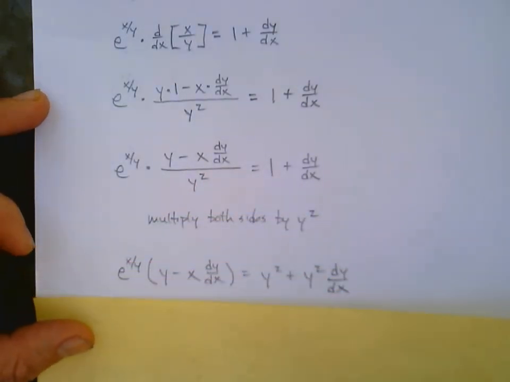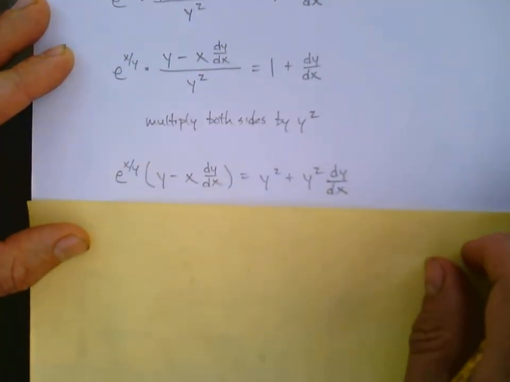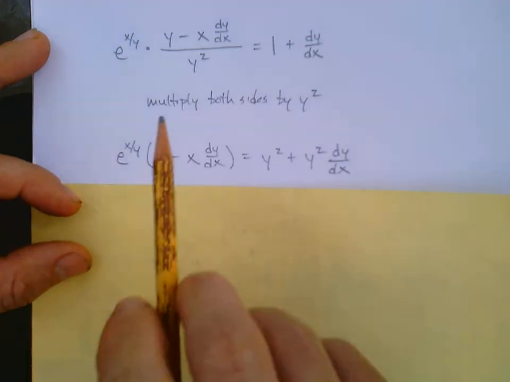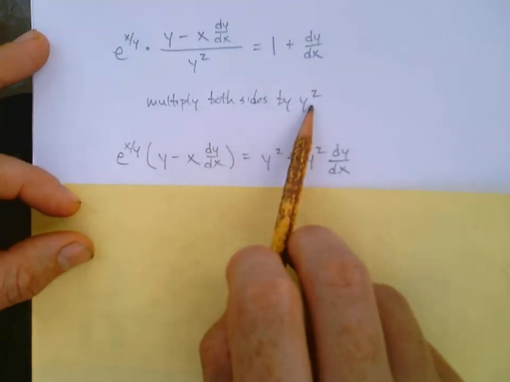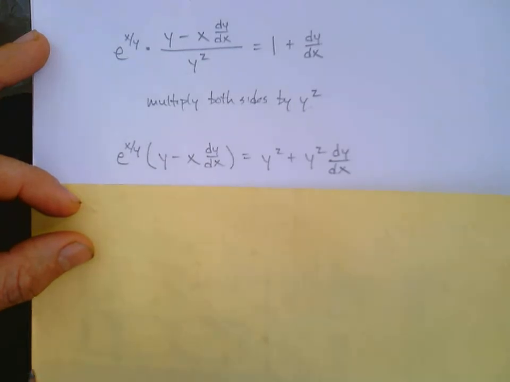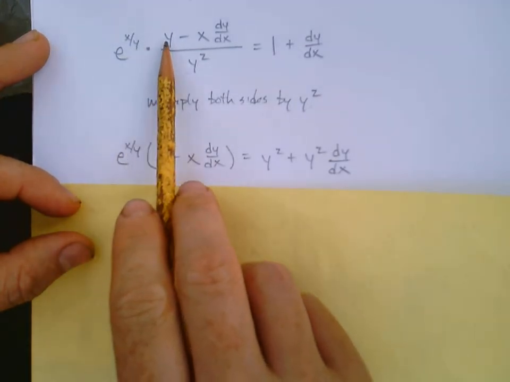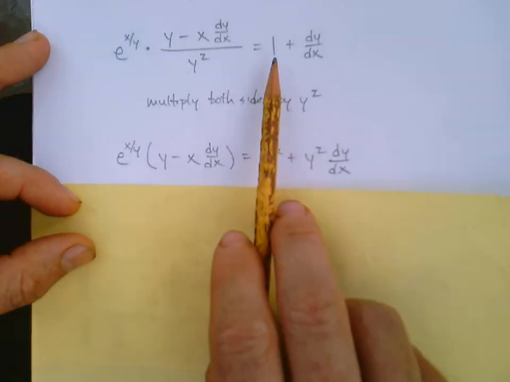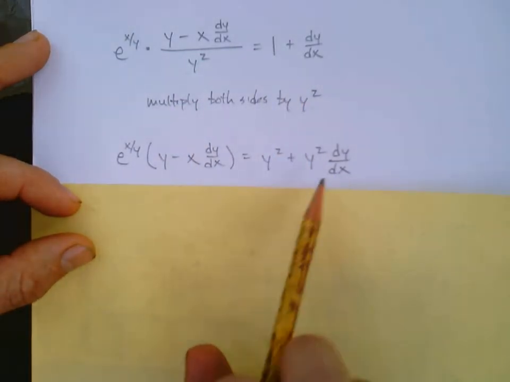There we go. Let's push it up to there. Okay. So what happens when we multiply both sides by y squared? Well, on the left side, it's just going to cancel this. So I've still got my e to the x over y that needs to distribute, but at least my denominator is gone. And on the right side, hey, no problem. y squared, boom, boom. Okay.